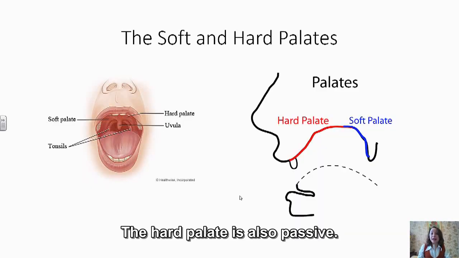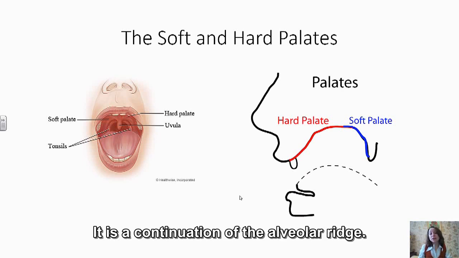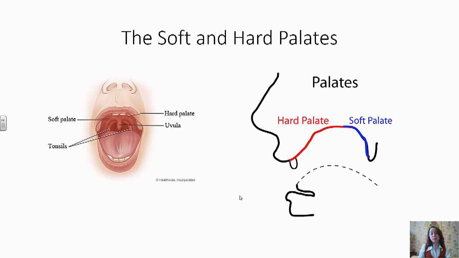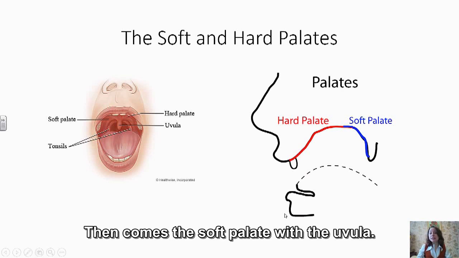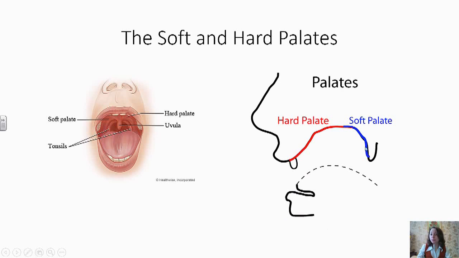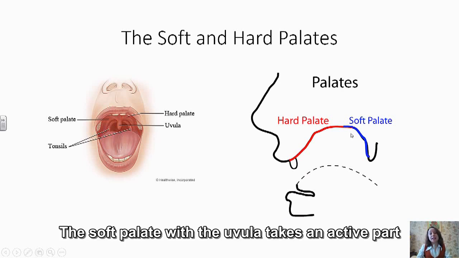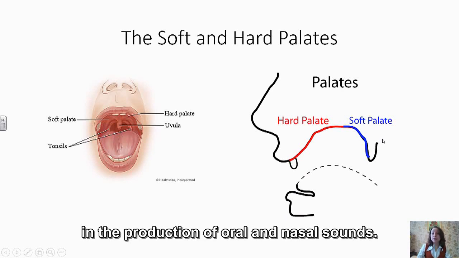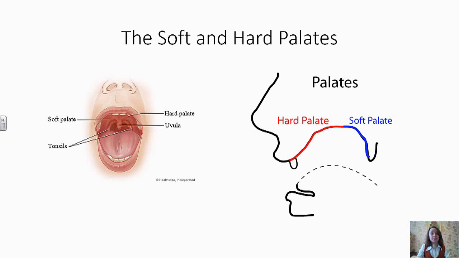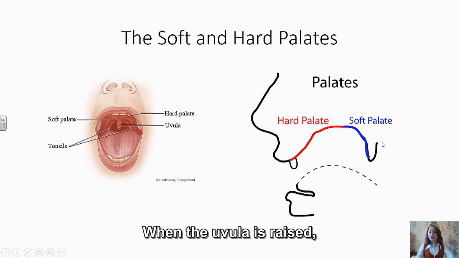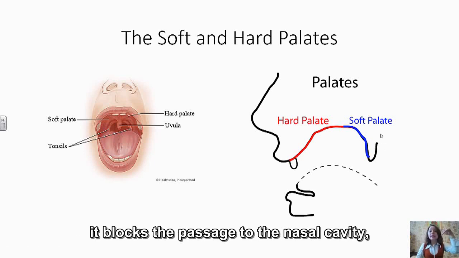The hard palate is also passive. It is a continuation of the alveolar ridge. Then comes the soft palate with the uvula. The soft palate with the uvula takes an active part in the production of oral and nasal sounds. When the uvula is raised, it blocks the passage to the nasal cavity.